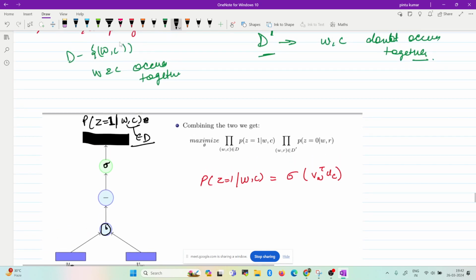Now what negative sampling proposes is that you not only consider the words that are occurring together, but also include some negative samples. For every positive sample, you include k negative samples.